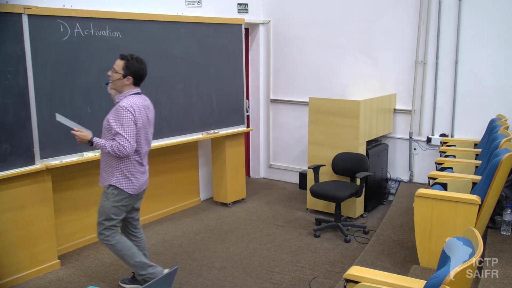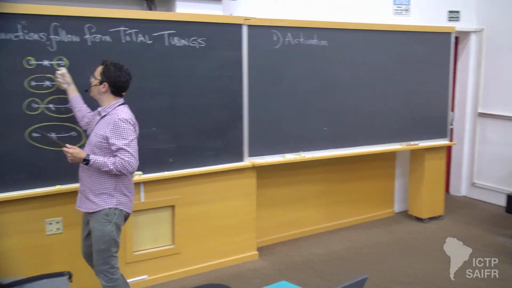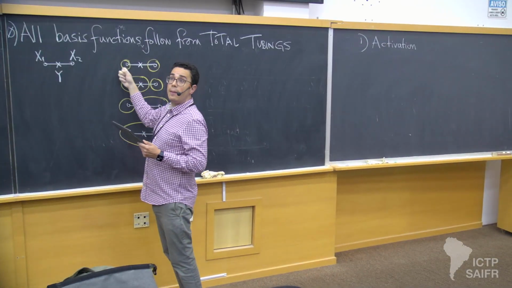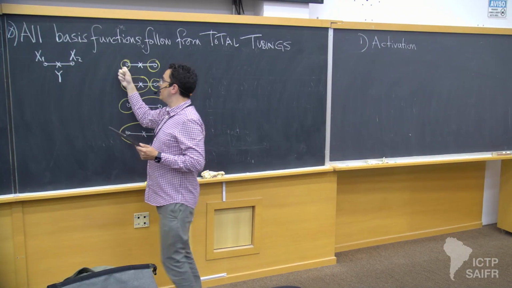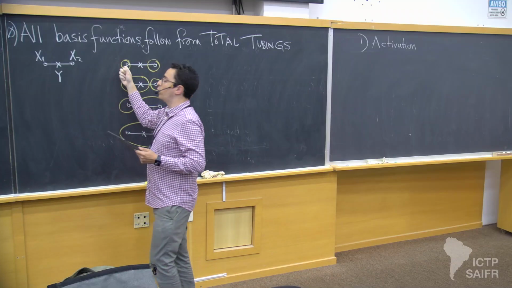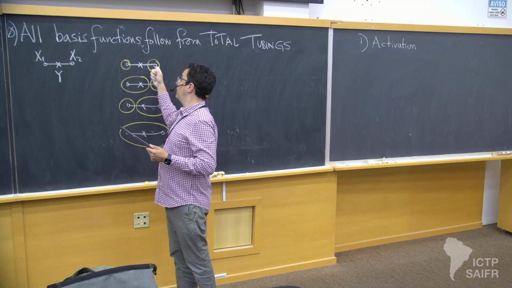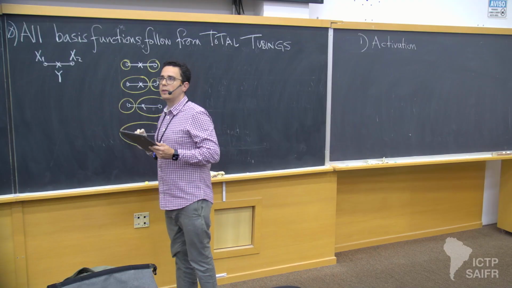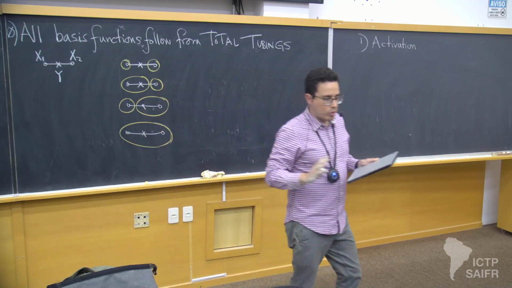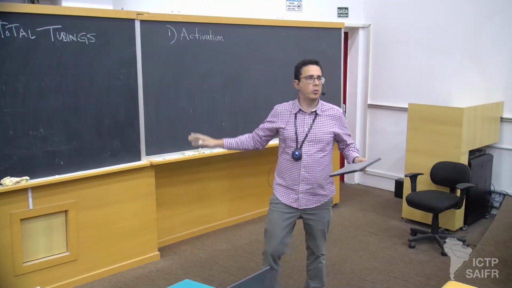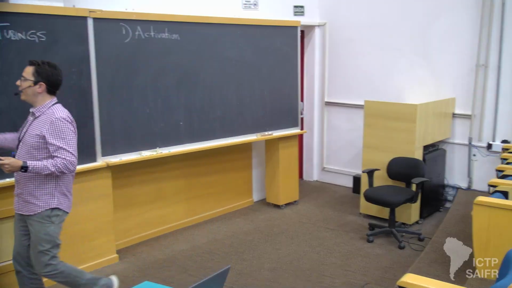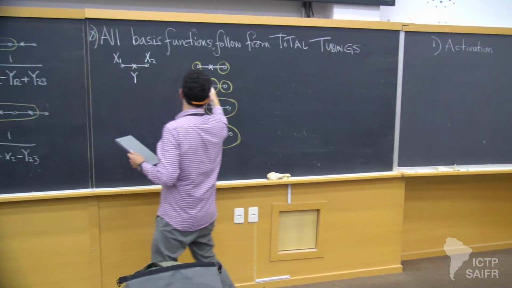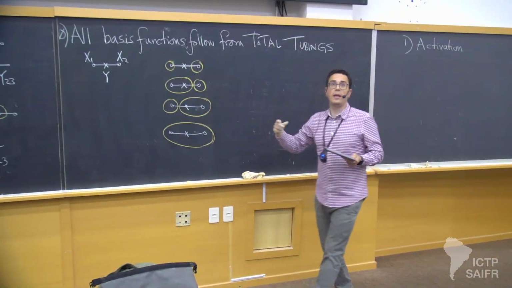So for example, here there are 2 tubes. You activate one at a time. When you activate this guy, you generate 1 over x1 plus y. When you activate this guy, 1 over x2 plus y. And they multiply the original function. So that's the activation. You're just getting something proportional to the original function, but you activate 1 tube at a time. So here there are 2 tubes, and you get 2 denominators doing that.